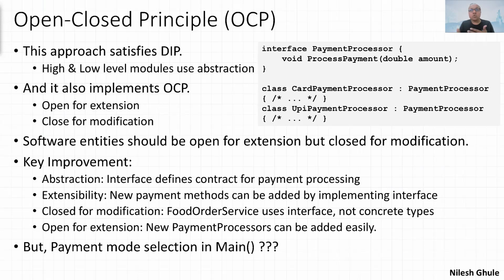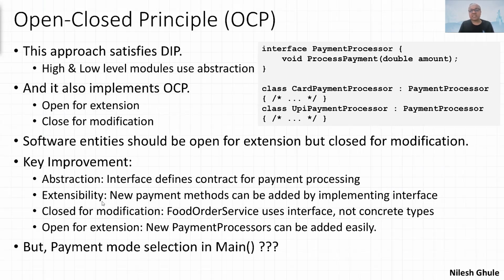In other words, you should be able to add new functionalities in your application without modifying the existing written pieces of software. So this particular code has definitely done better things. The first one, abstraction: the interfaces are defining the contract, where low-level components are implementing the contract and high-level components are using these contracts.